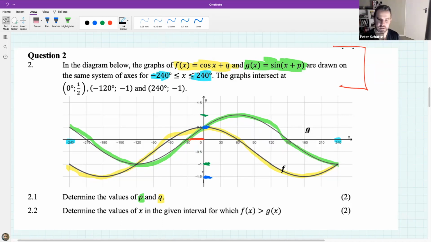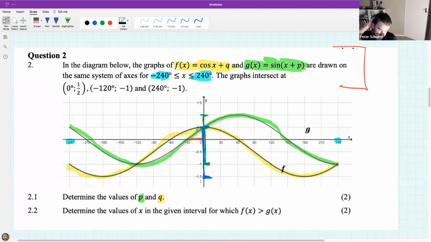Now, what does that mean about what happened to the graph? It normally is between the green markers, and now it's between the blue ones. What happened to the yellow graph?